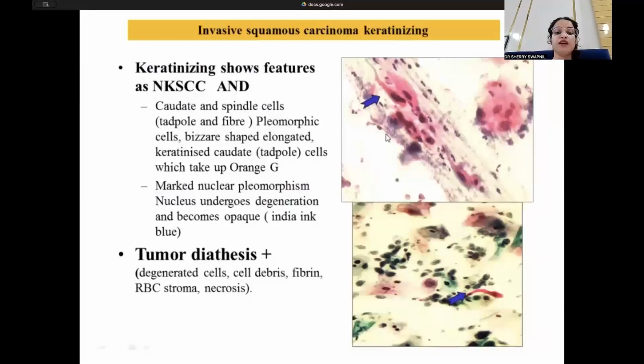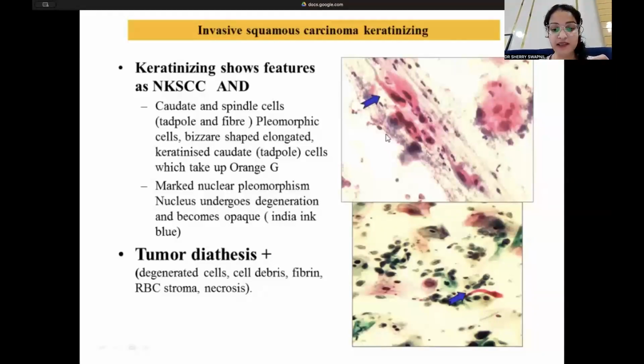Now moving towards invasive squamous cell carcinoma, the keratinizing type. We have seen normal parakeratosis, then atypical parakeratosis that can be seen in case of SCUS, and now we are seeing keratinized squamous cell carcinoma. There is a very characteristic appearance that we generally see in invasive squamous cell carcinoma: tadpole-like cells.